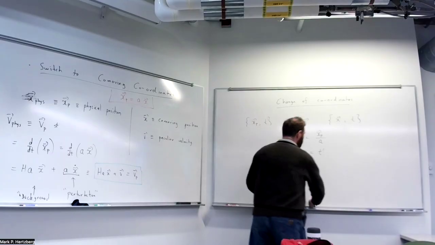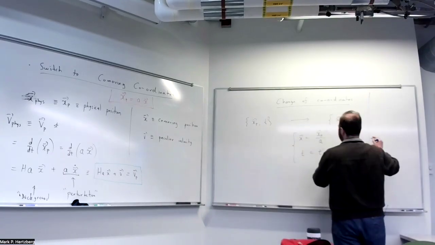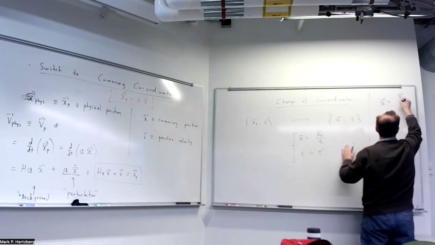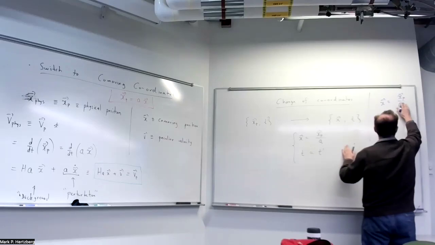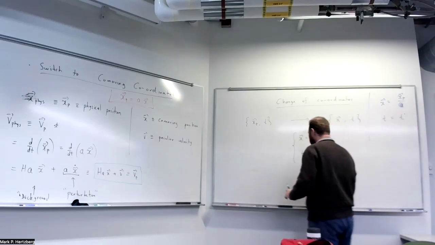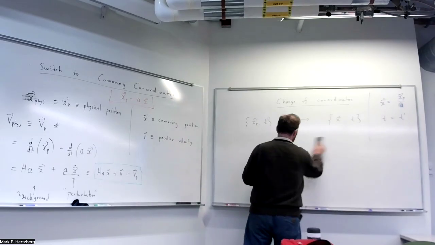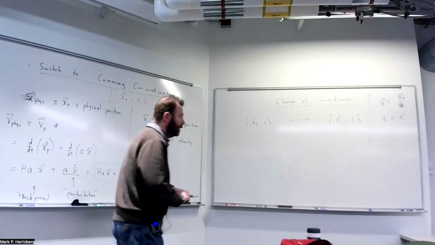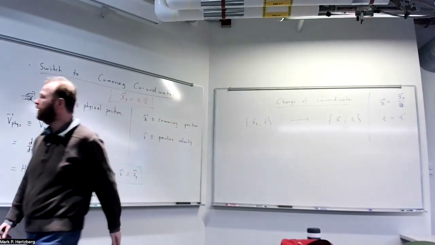So let's see. I'd like a bit more room. x p over, sorry, x equals x p over a. t is t prime. Okay, so our task is to just change coordinates.